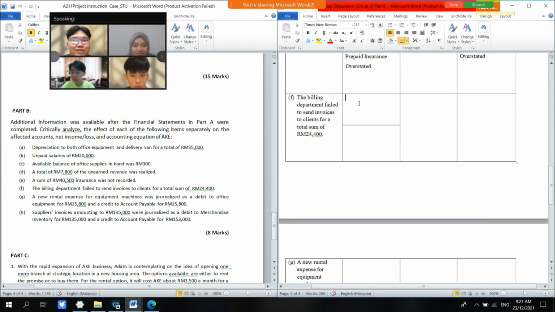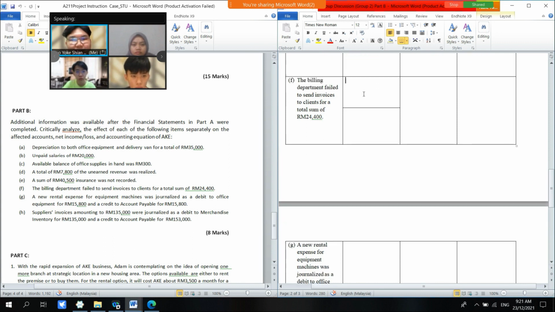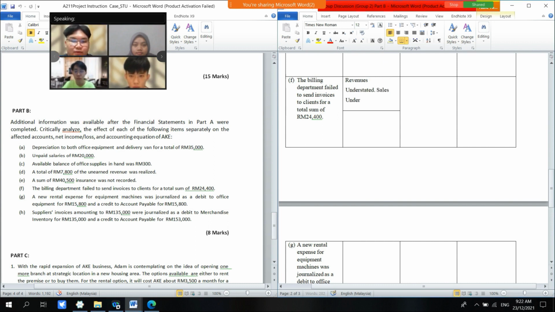Okay, so only 2 questions are left, so we take turns now, answering the questions one by one. Additional information F: the billing department failed to send invoices to clients for a total sum of RM24,400. So the affected account should be revenue understated, which is sales understated too.